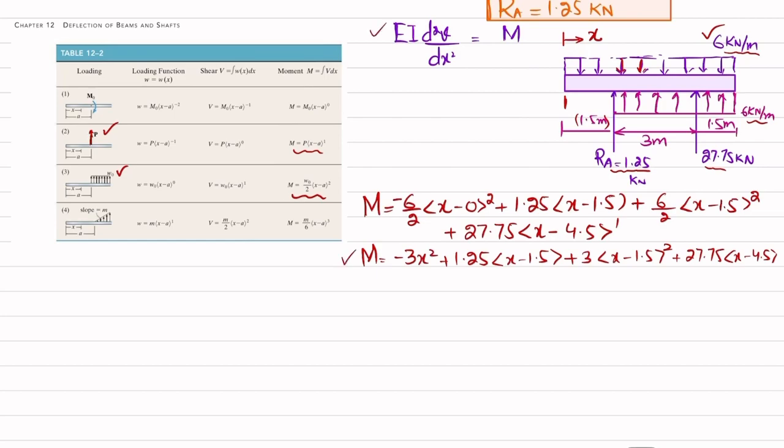So you will get EI d square v over dx square will be equal to minus 3x square plus 1.25 times x minus 1.5 plus 3 into x minus 1.5 square plus 27.75 into x minus 4.5.